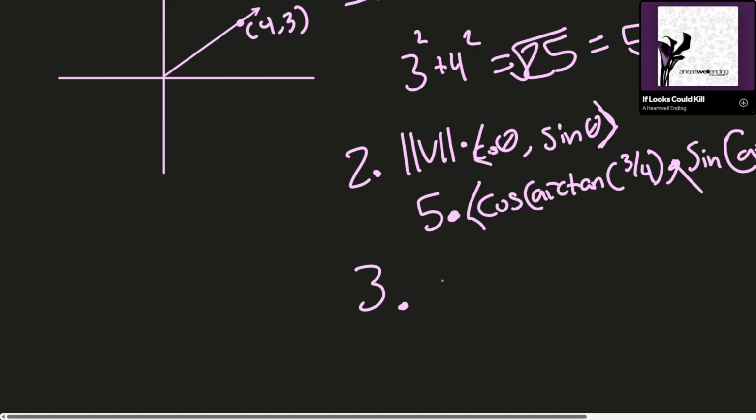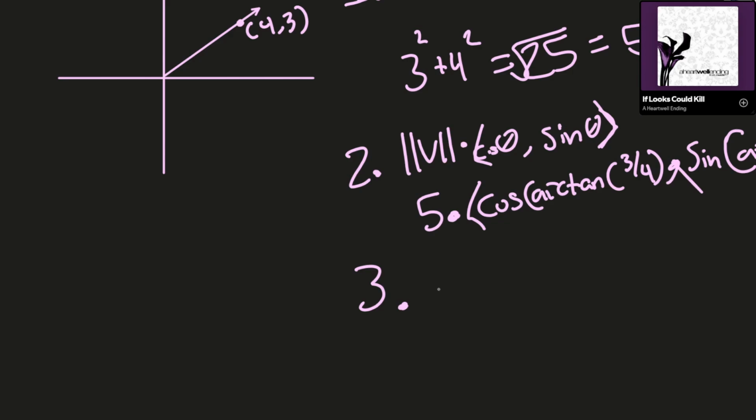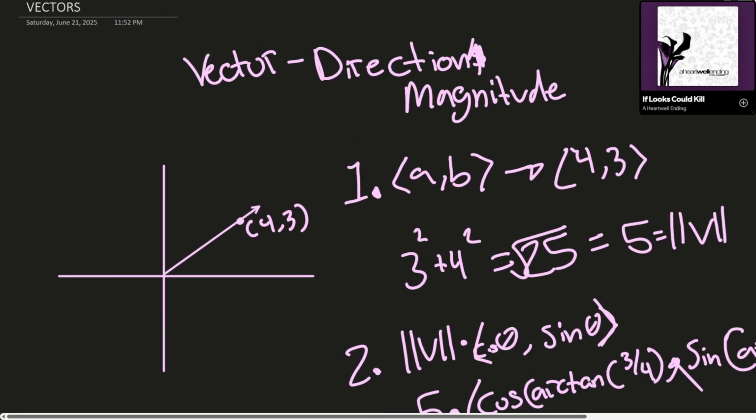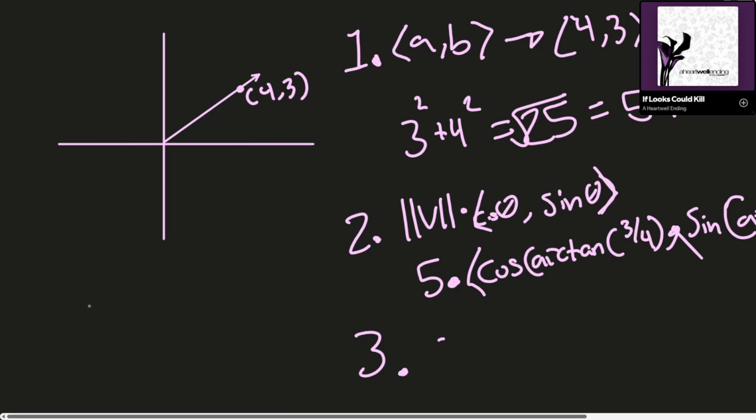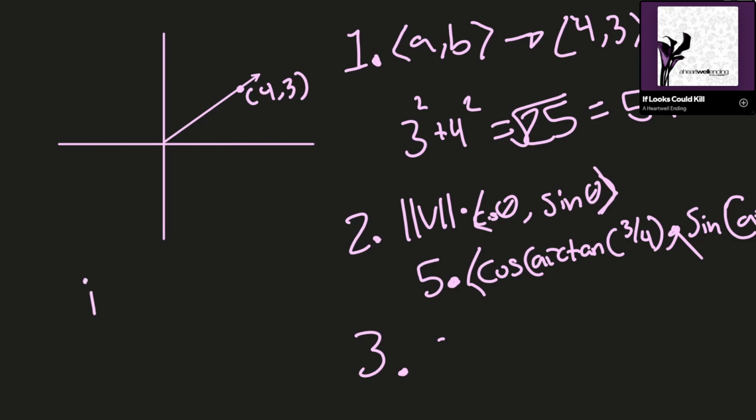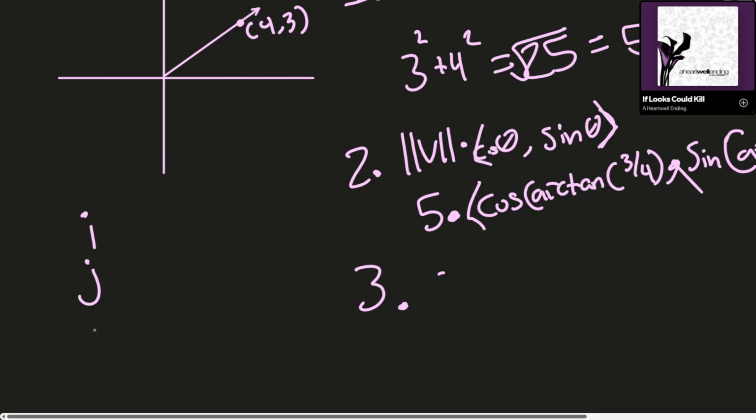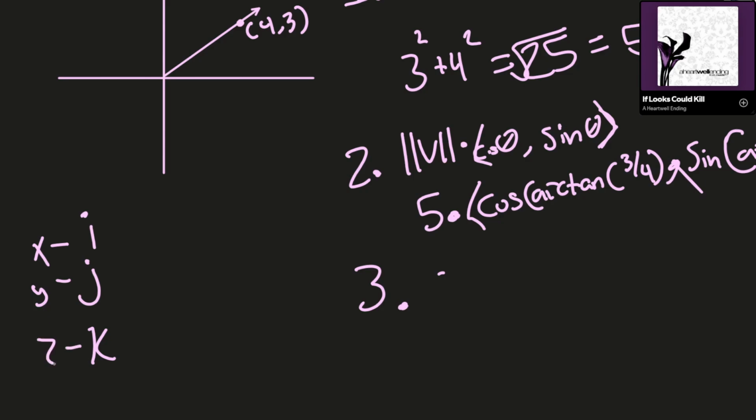Additionally, another important thing to know is the component form, and the component form is actually very fun. When firstly talking about vectors, it's important to know the ways you can represent things, and they're often represented with i, j, and k, with i being the x, j being the y, and k being the z.